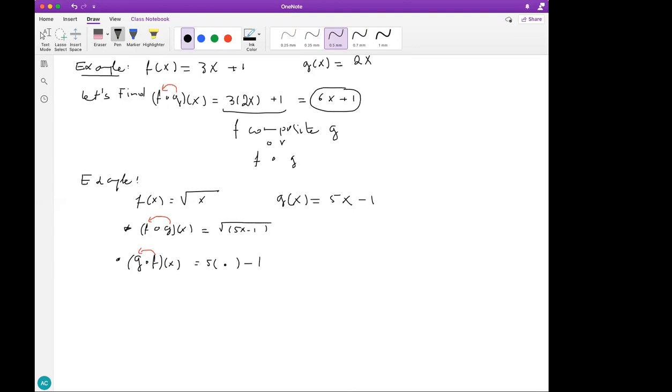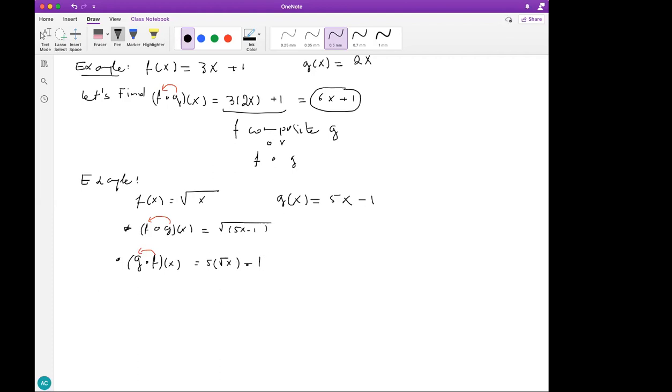Not 2x, no, it's radical x. The first one, f. So radical 5x. F went into g. We took f, which is radical x, and we plugged it into 5x.